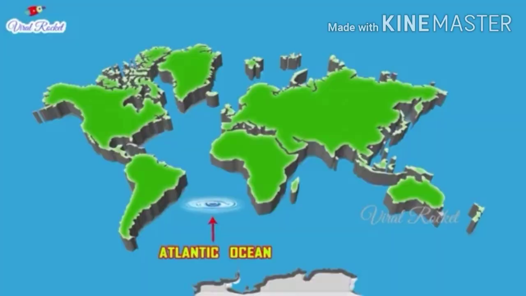Okay. Atlantic Ocean. This is the second largest ocean and is found between the American continents on one side and Europe and Africa on the other side. Again, this is the second largest ocean. First Pacific, second Atlantic.